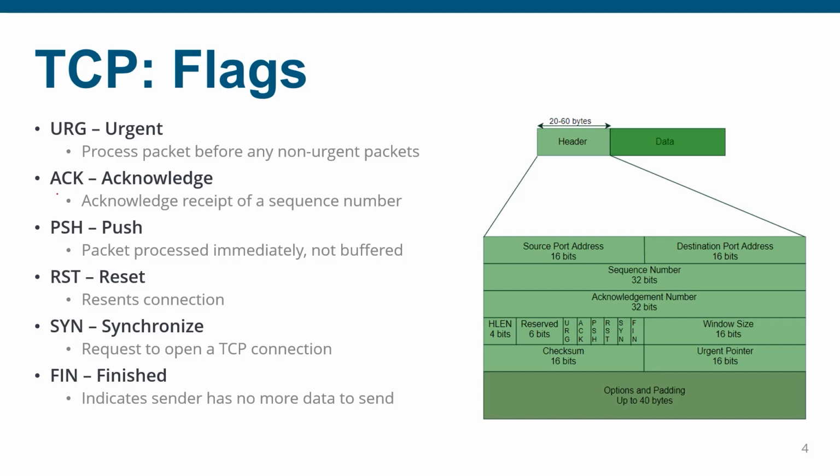The ACK flag, or acknowledge flag, acknowledges the receipt of a sequence number. So if our acknowledgement flag is set, we would be looking at the acknowledgement number here to identify which sequence number is being acknowledged. Our push flag is to process this packet immediately and not buffer it. It's very similar to the urgent flag and is really more application specific.